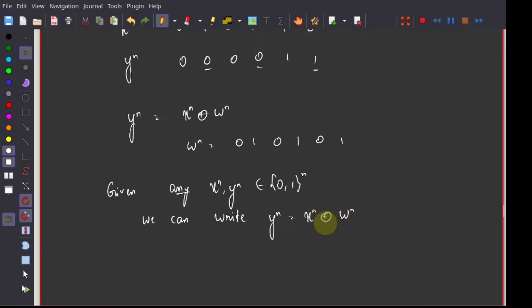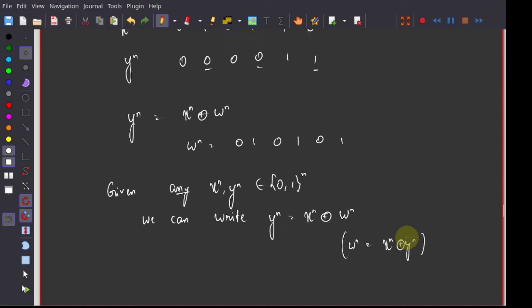But remember that this plus symbol that I have is basically the element wise XOR operation. And what is wn equal to? So if I give you a particular xn and yn, how will you find it? So it's basically just the XOR of xn and yn. And as you pointed out, it's 1 in the location where xn and yn differ.